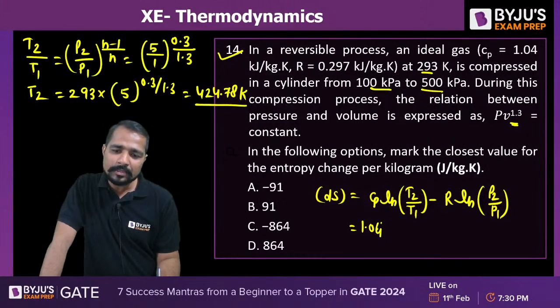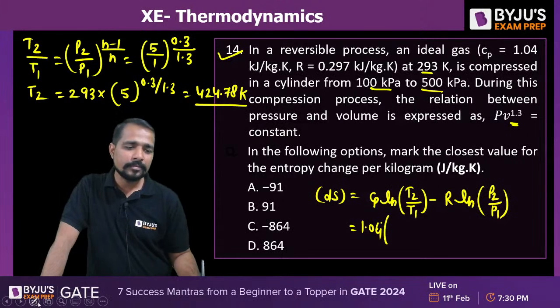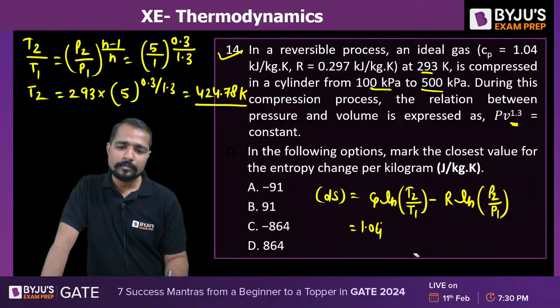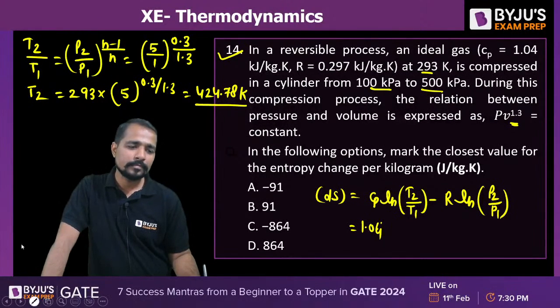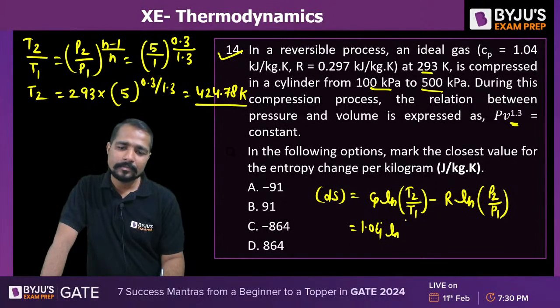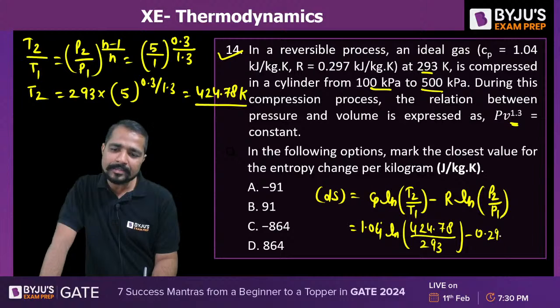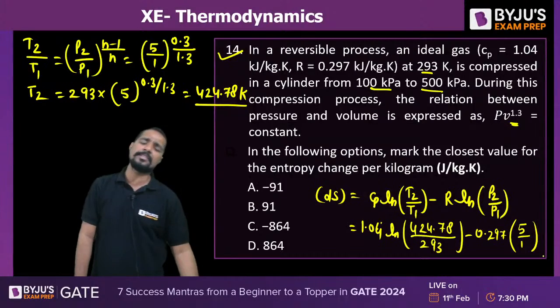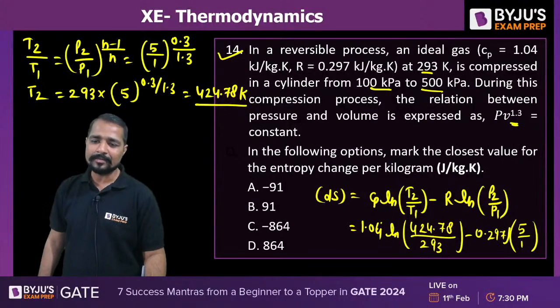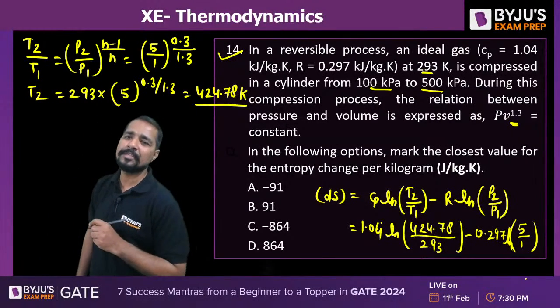Cp is 0.1 point, this one, ln, what is T2? 424.78. What is T1? 293, minus R is 0.297, and P2 by P1 is 5 divided by 1, I mean 500 divided by 100. I have just written it, and this is also with ln. Can you please tell me the answer?